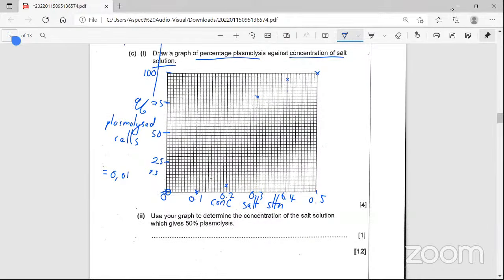Okay, so this one, I think we can just connect them using your free hands. Are we together? I think when you get this part here, drawing a straight line is fine, using your ruler.